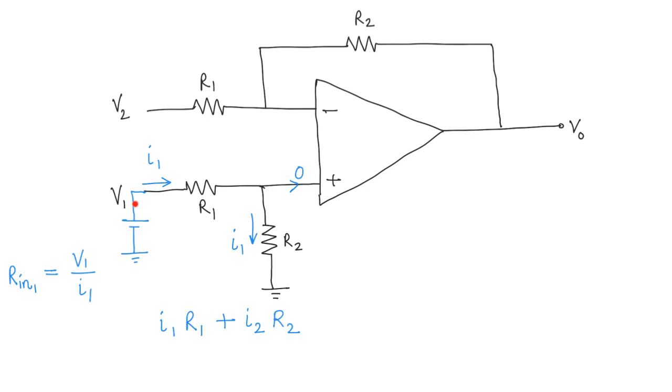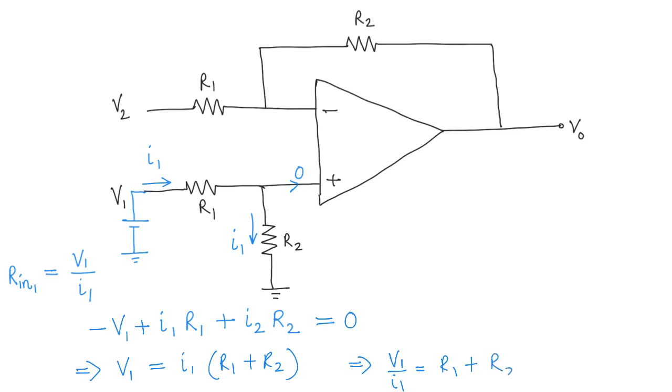So you have V1 and then you have two drops here: minus V1 plus this equal to 0, which means V1 equals I1 times R1 plus R2, and this means that V1 over I1 equals R1 plus R2.